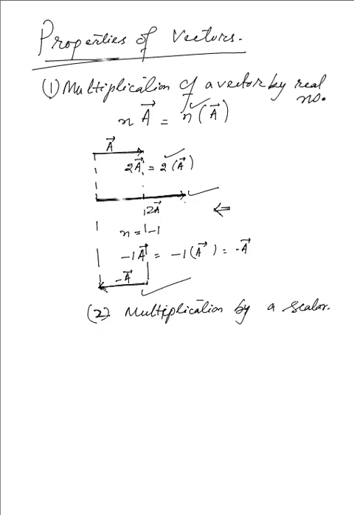If I am to multiply the vector with a scalar, any value that I take, as in case of n that I've taken over there, is obviously a number, and here the number can be any scalar quantity.